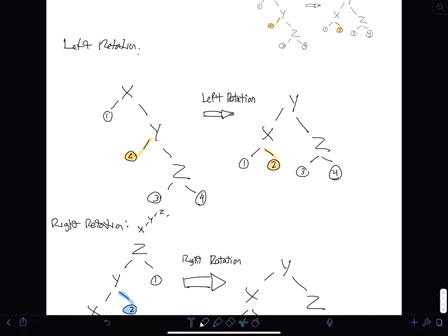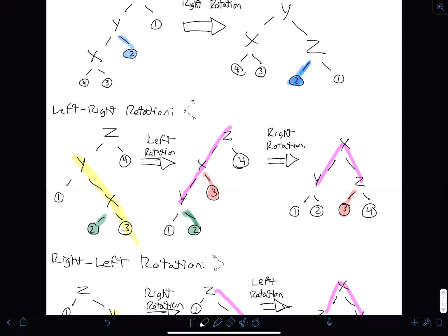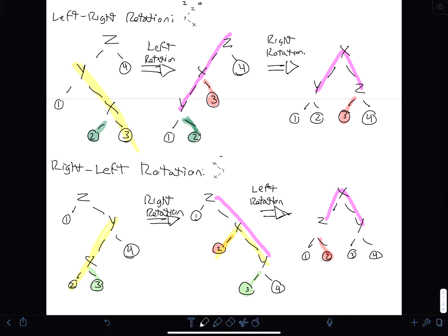So you can see here that this is 0 and this is 2. Can you see that? Okay. And then here you have X, Y, Z, and here you have 0, and here you have 2. And on this one, you can see, I'll write them big, but they're the numbers, they're the weights. You can see the left side is heavy, and here you can see the right side is heavy, okay?